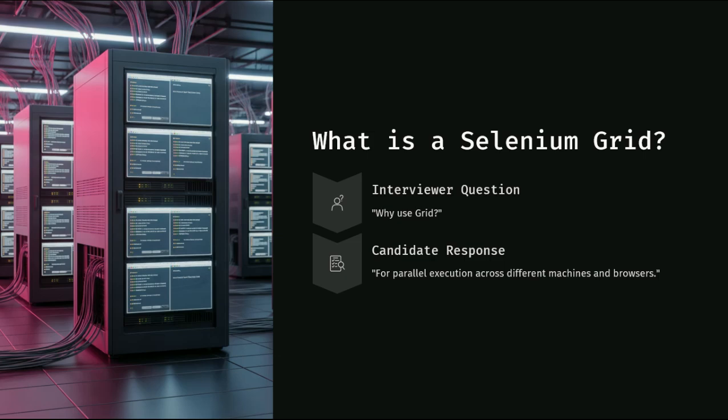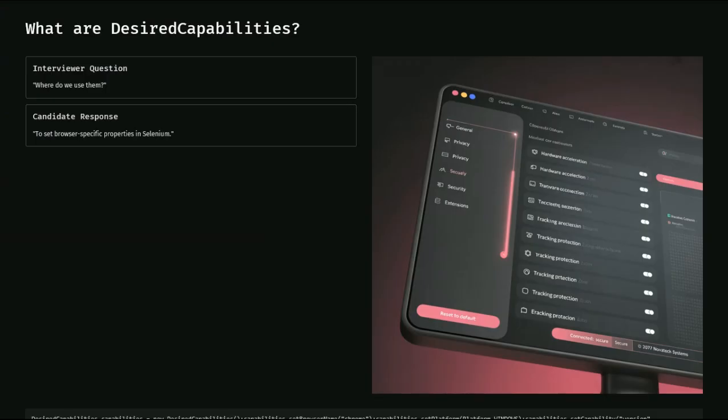Candidate: for parallel execution across different machines and browsers, Selenium Grid is used. Next is, what are desired capabilities? Or where do we use them? Candidate: to set browser specific properties in Selenium.